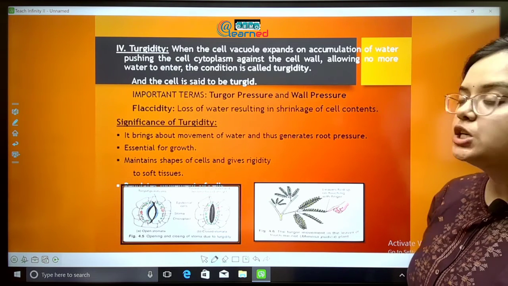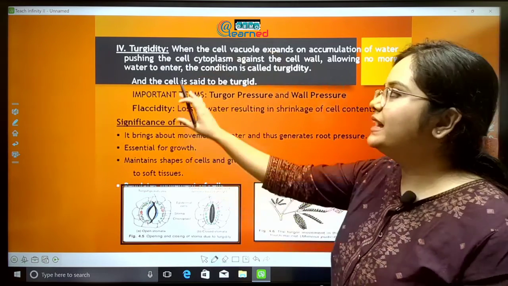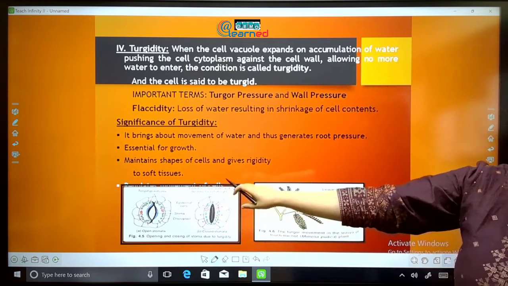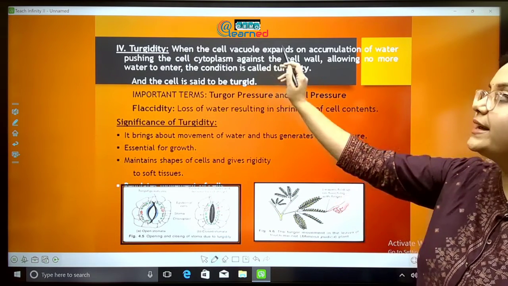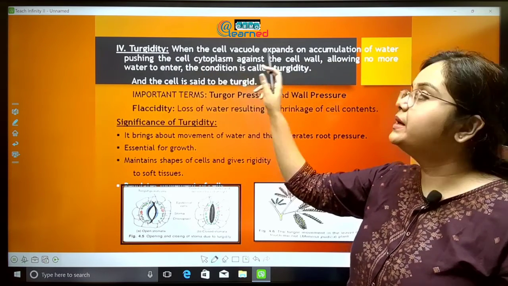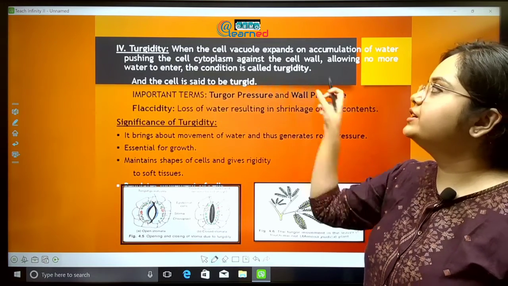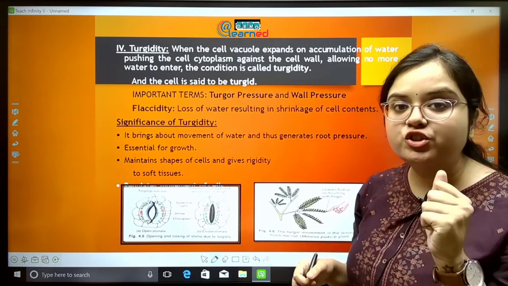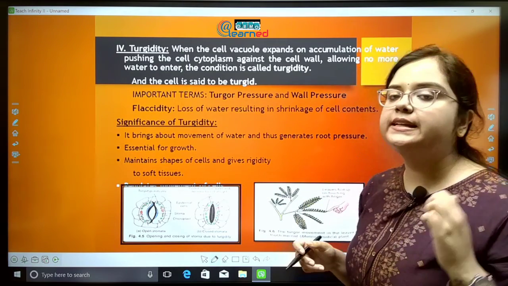Okay. So, here we have turgidity. The next phenomenon is turgidity. When the cell vacuole of water pushes the cell cytoplasm against the cell wall, allowing no more water to enter, the condition is called turgidity, and the cell is said to be turgid. So, what is basically happening?